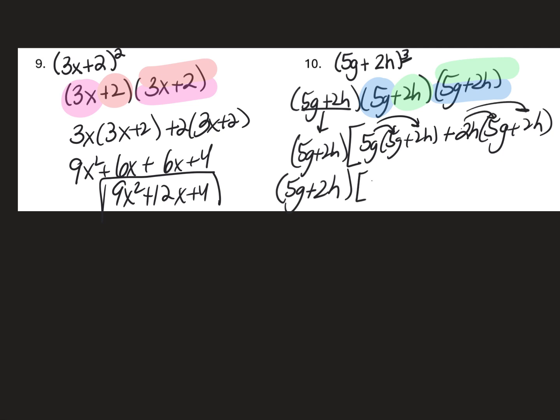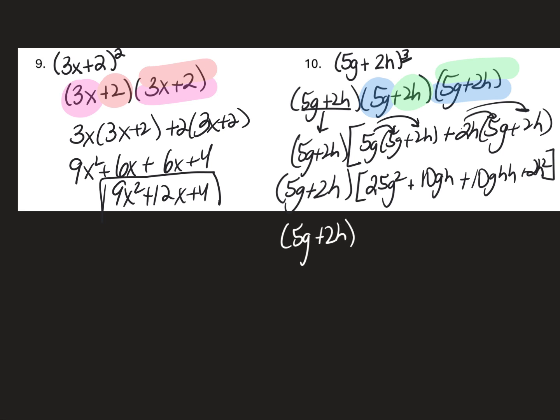So I would have 25g squared plus 10gh plus 10gh plus 2h squared. I'm going to take away the brackets there and combine like terms.